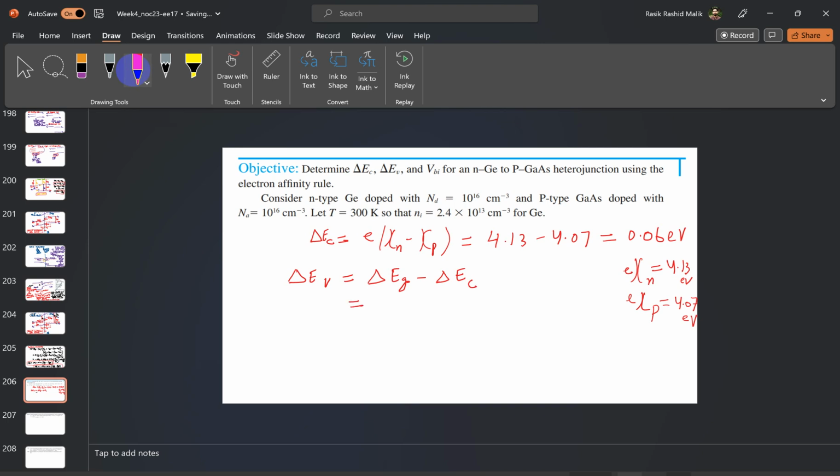So that is equivalent to how much? 1.43, the energy band gap difference between the two materials, because for the germanium and for the gallium arsenide we can find the energy band gap online. So the delta Eg is 1.43 that I have already calculated, or I can write the values over here as well.